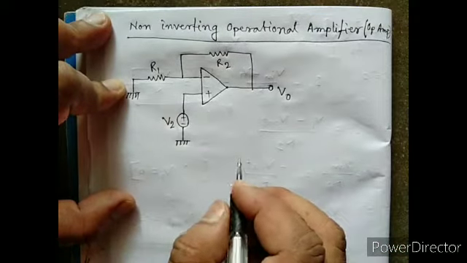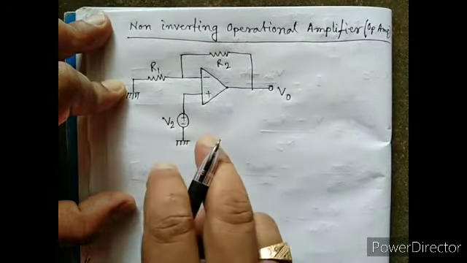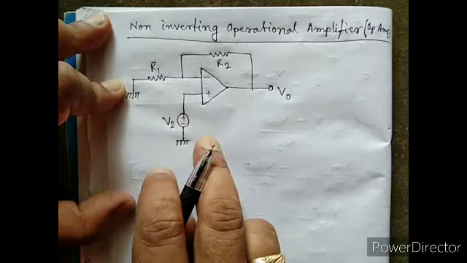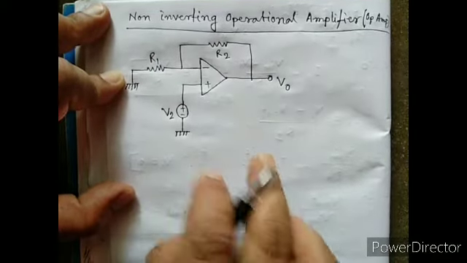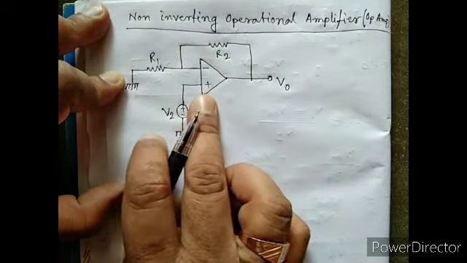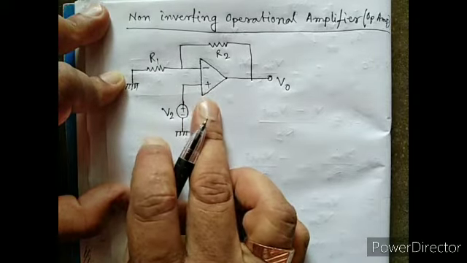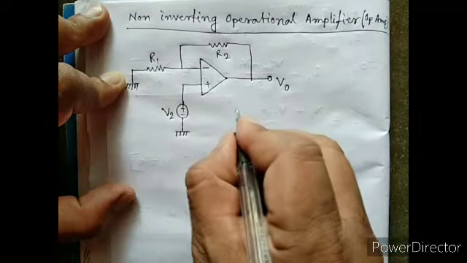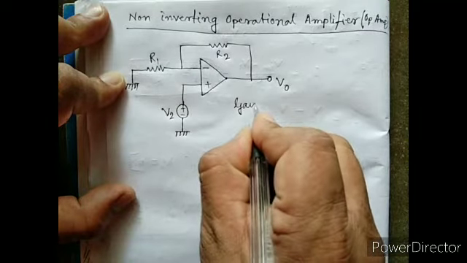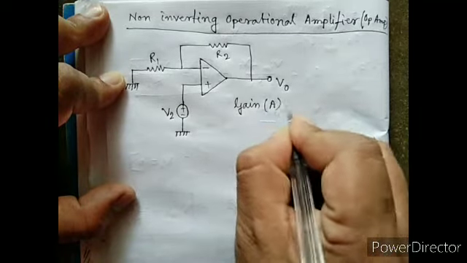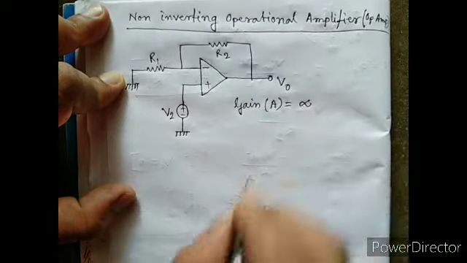And now, how does this non-inverting operational amplifier work? Now, the gain of an ideal operational amplifier, if the gain is A, that is infinity.